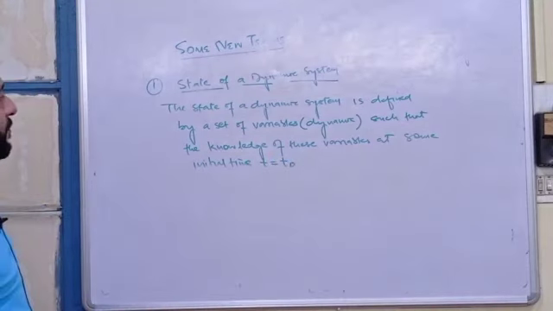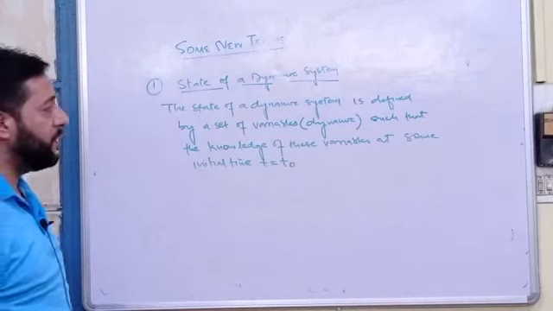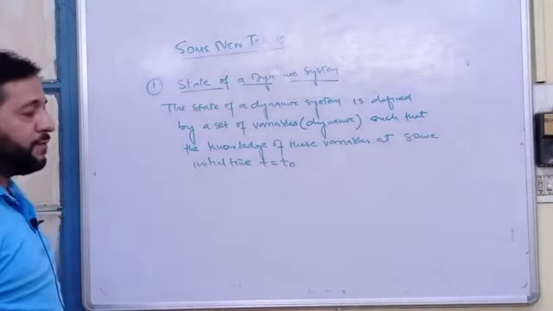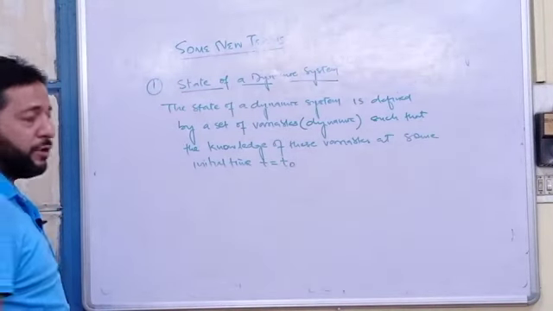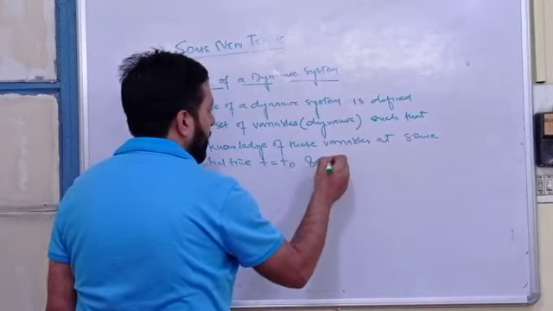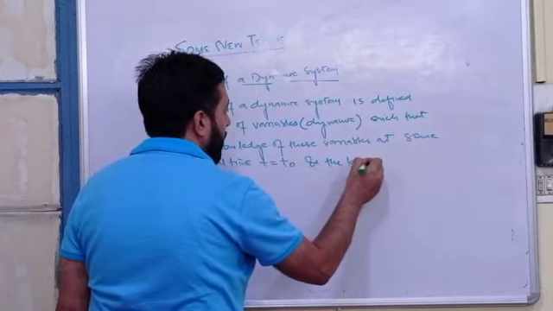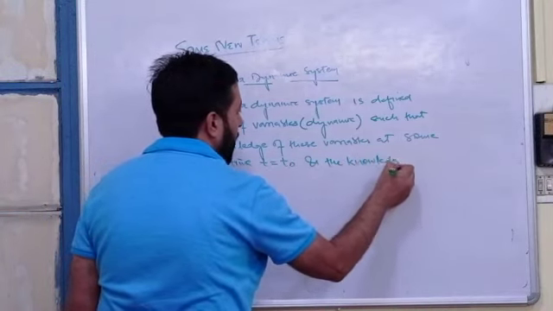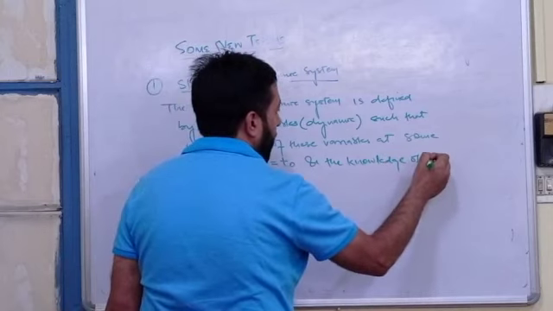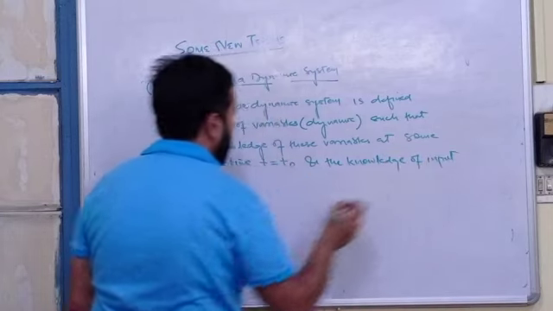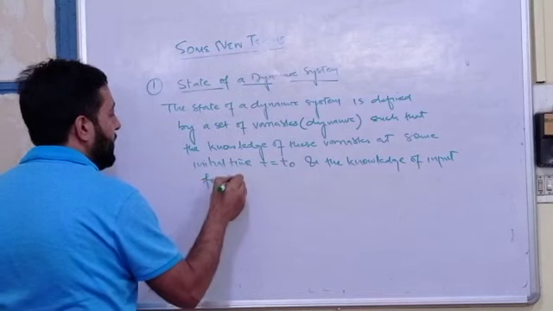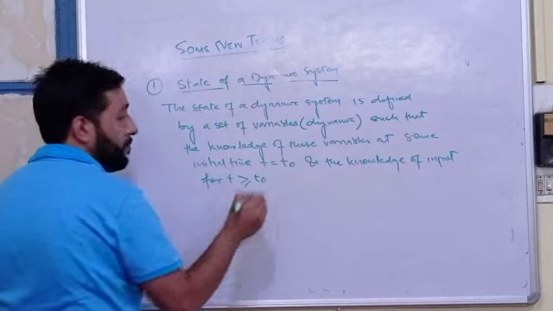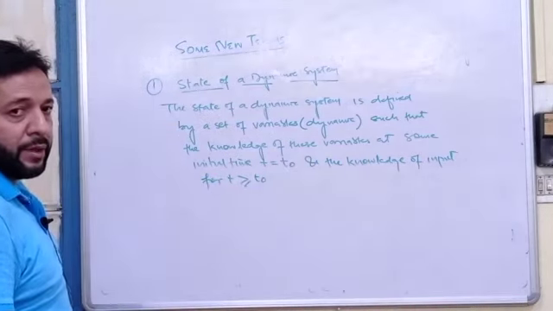The state of a dynamic system is defined by a set of variables, which are actually dynamic variables, such that the knowledge of these variables at some initial time t equal to t naught and the knowledge of input for t greater than or equal to t naught, isn't it?